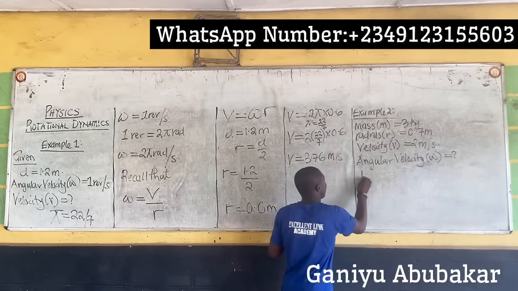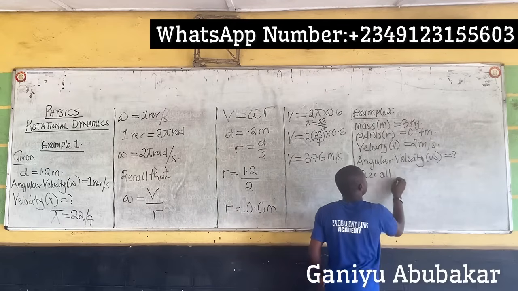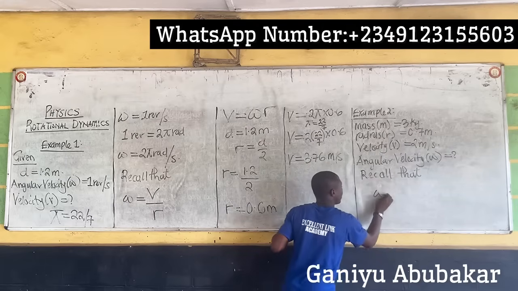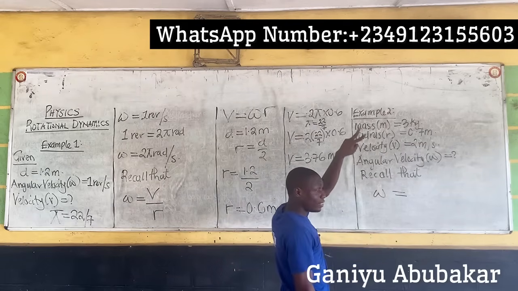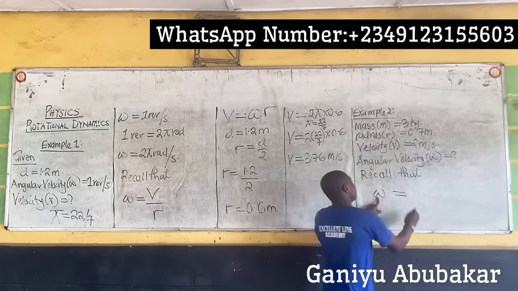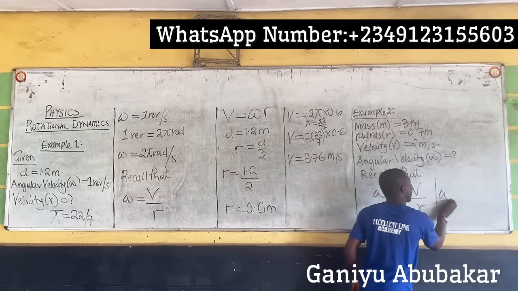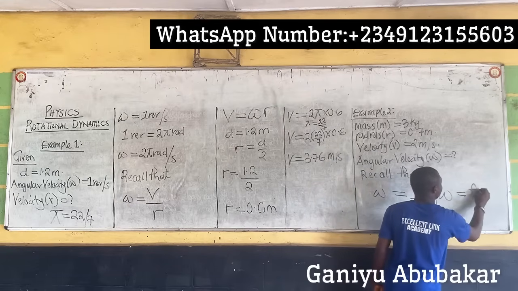We established earlier that angular velocity, omega, is equal to, there are two ways. Either I use v over r, or I choose to use theta all over t.